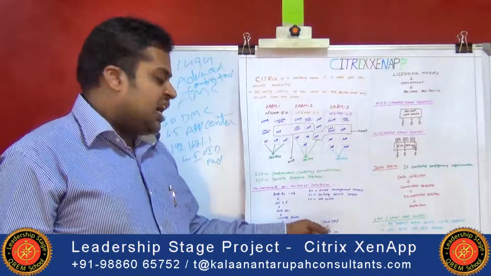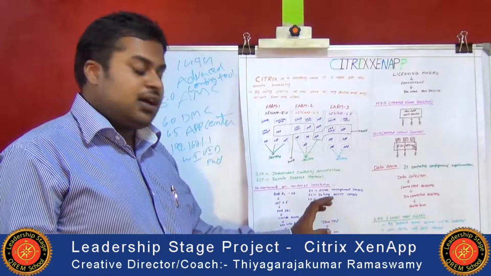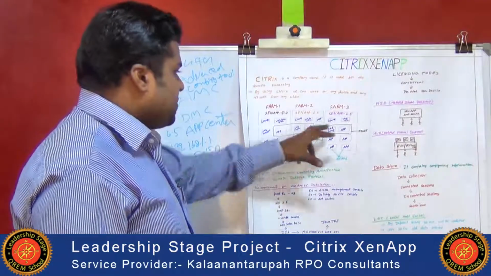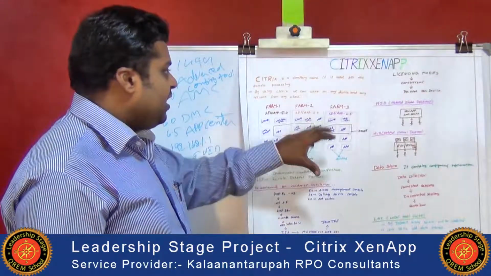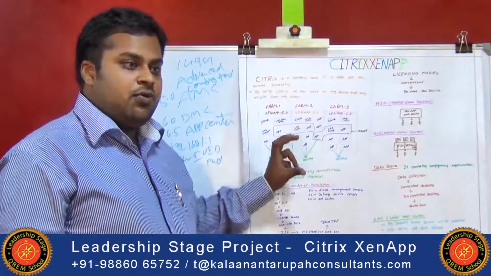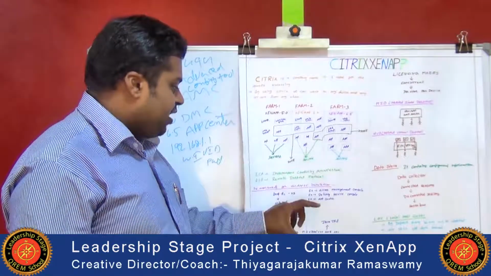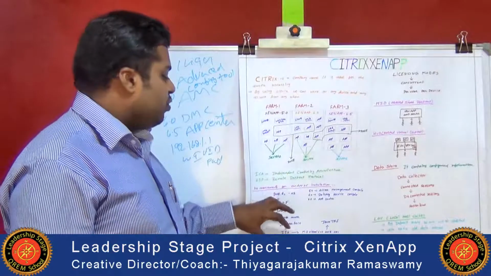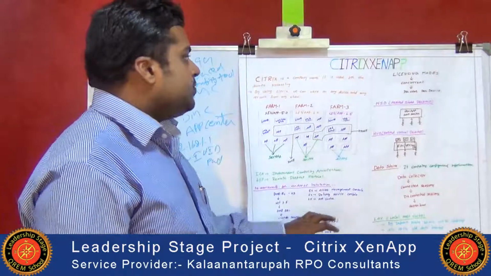Next we have to install the Java JRE. These are all the prerequisites to install the 6.5 applications. These are installed automatically with XenApp 6.5. When we put the CD in the drive, all these are installed automatically. Then we have to take the step of configuring. We have to configure all these things.